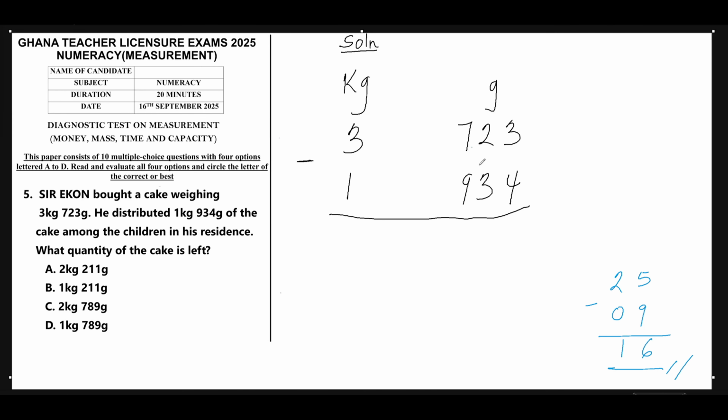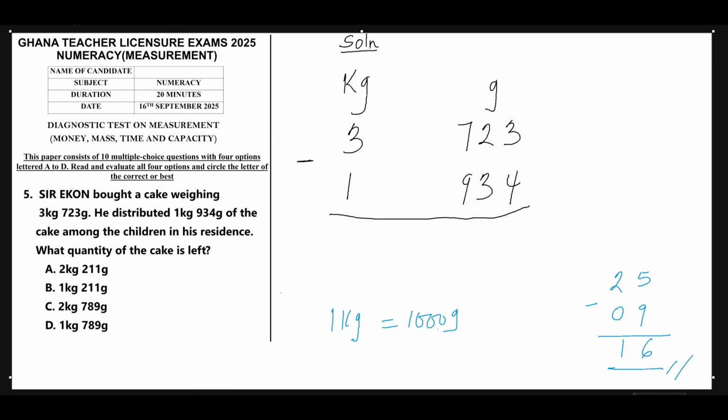So if this is giving us negative, what do we do? We move on to the next column, that is the kilograms column. We borrow 1. Remember that every 1 kilogram is equivalent to 1,000 grams.